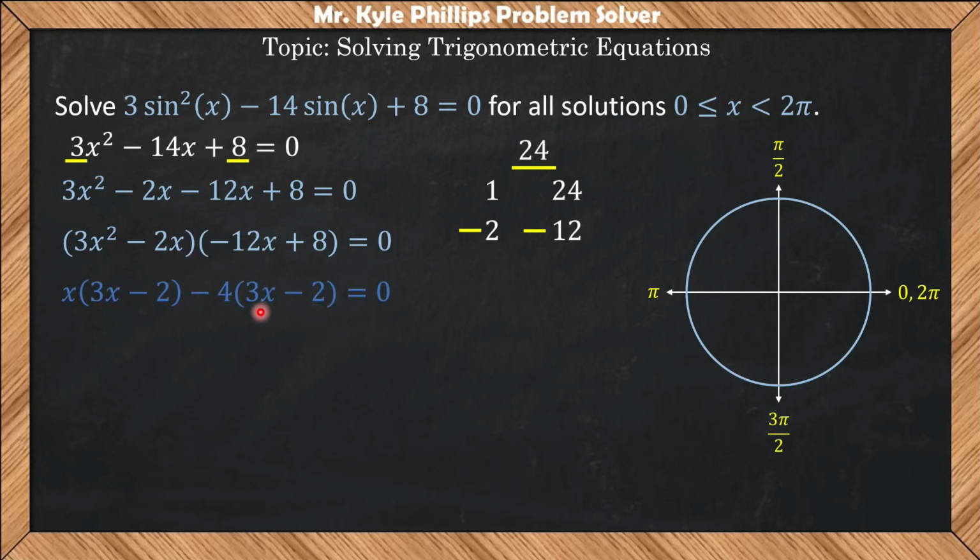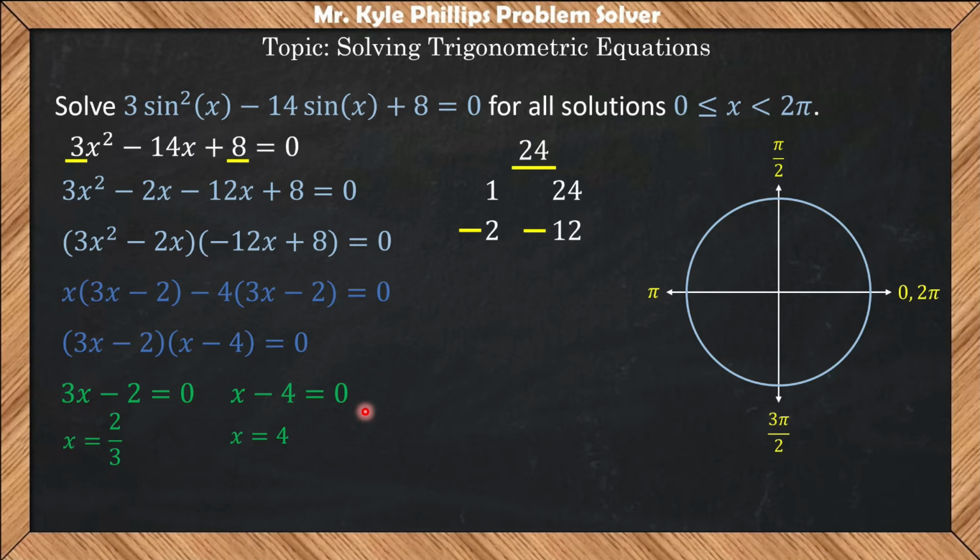So the binomial that's the same will factor out 3x minus 2, and then what remains, x minus 4, will be my second binomial. Now we know from algebra the way we solve here with our binomials is we set each one equal to 0. So we'll say 3x minus 2 is 0 and x minus 4 is 0. So when we solve for x, we get 2/3 and we get positive 4.